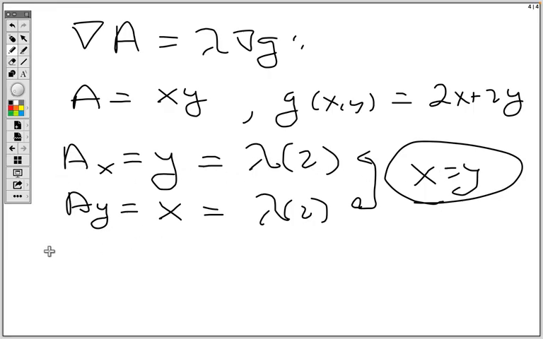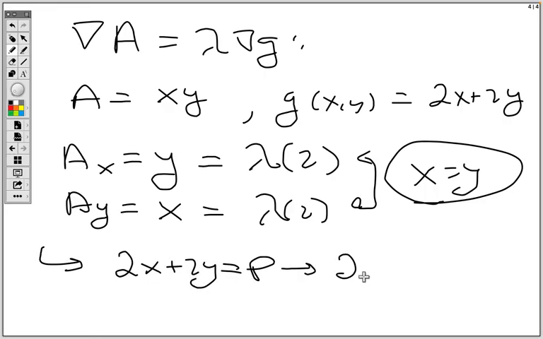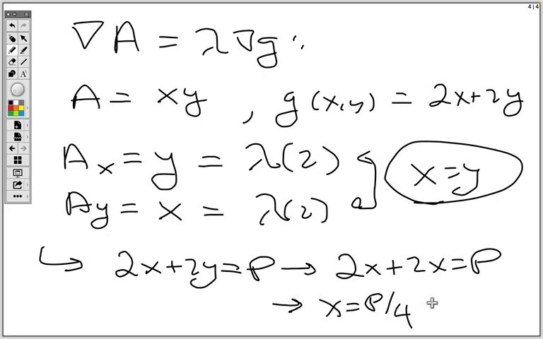So if x and y are the same, we immediately get x and y are p over 4, and then lambda would be p over 2. So it falls out pretty quickly.